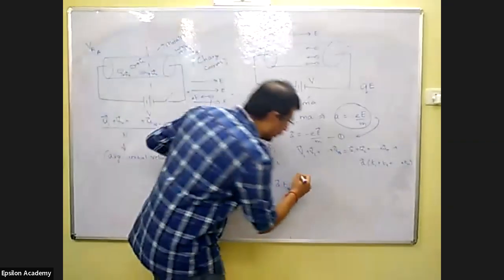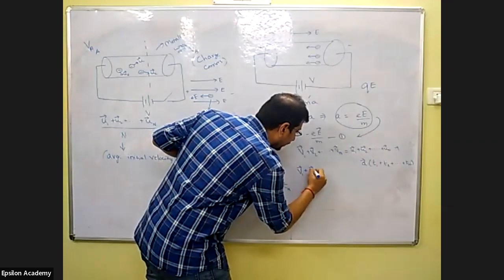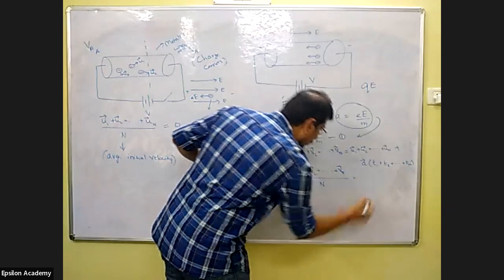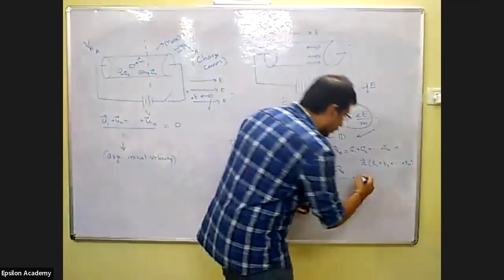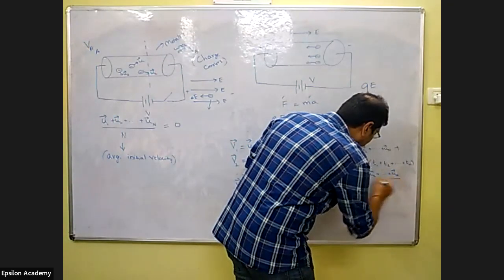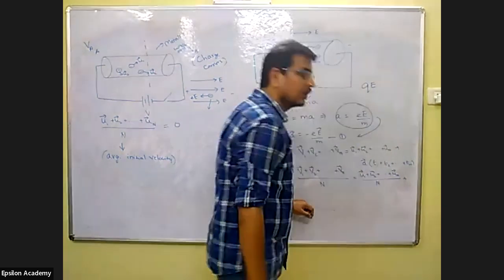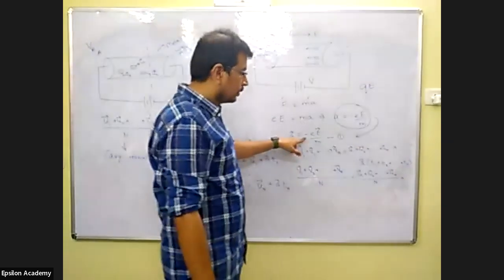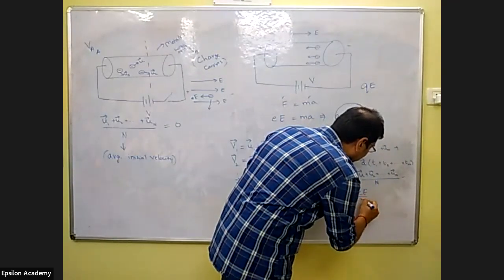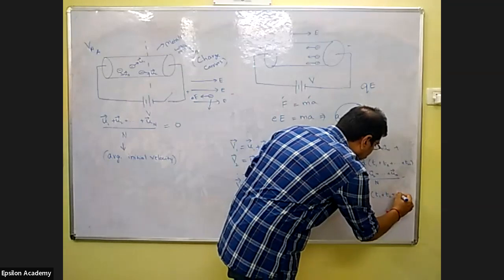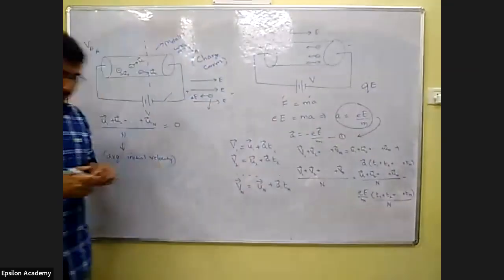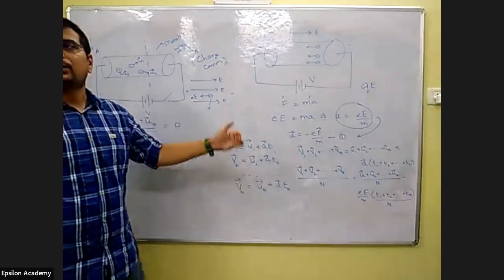So when you do that, what are you going to get? v1 vector plus v2 vector plus so on till vn vector divided by capital N is equal to u1 vector plus u2 vector plus so on till un vector divided by capital N plus, what is the acceleration formula? Minus e into capital E divided by m into t1 plus t2 plus so on till tn divided by n. Is there any doubt? So I just divided by n on both sides.